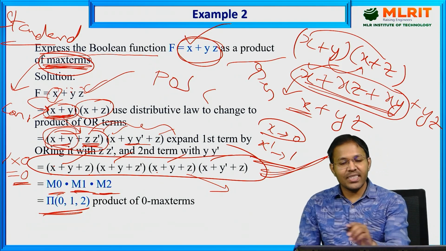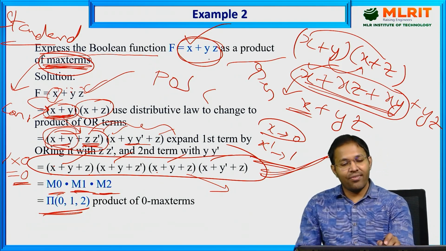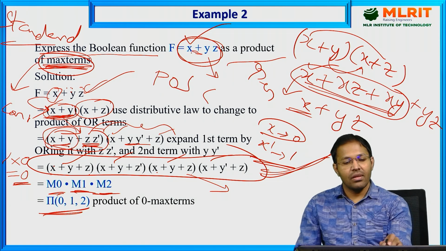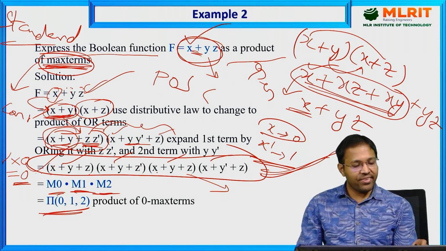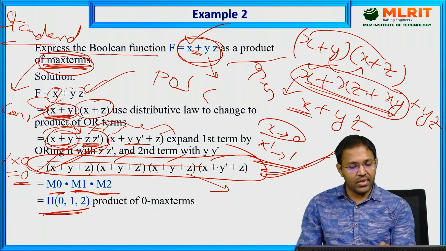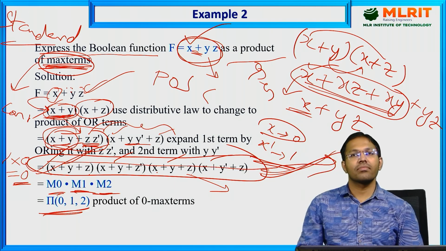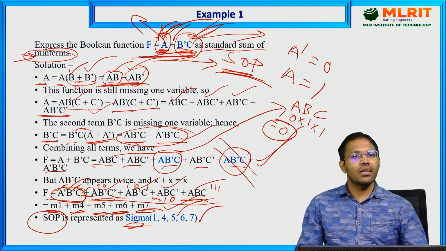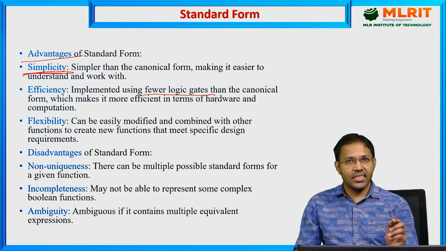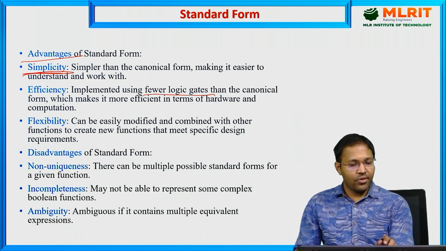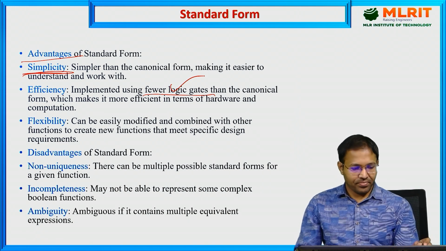Computing this expression, you need one AND gate, one OR gate, whereas lots of gates are required to perform this computation. Hence, the advantage is fewer logic gates are required.